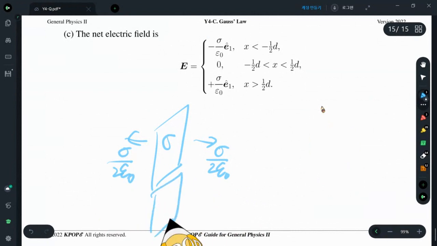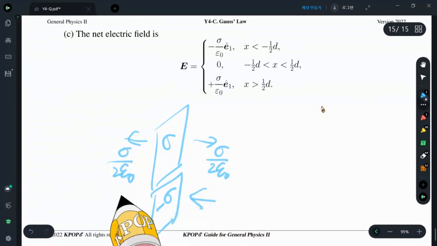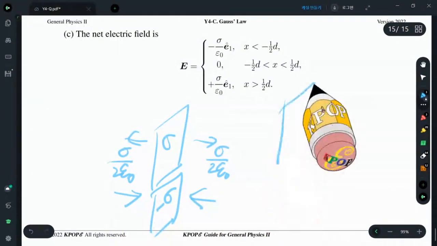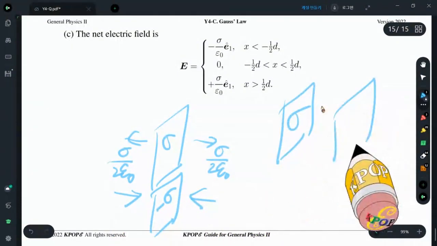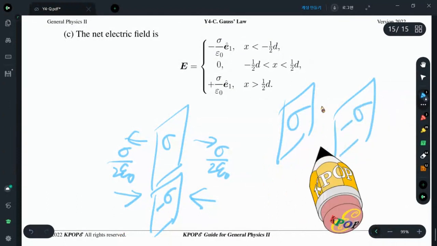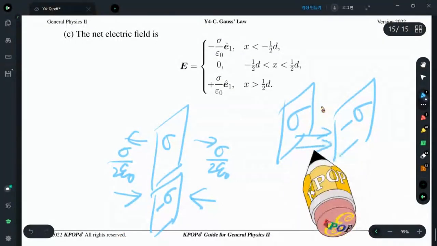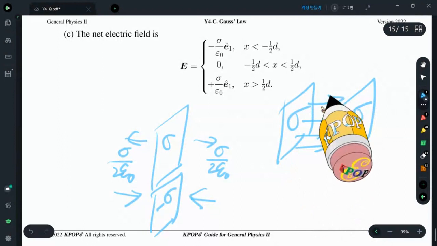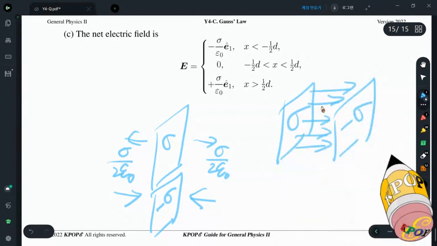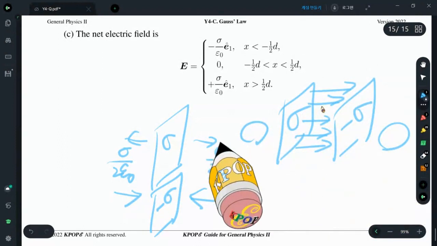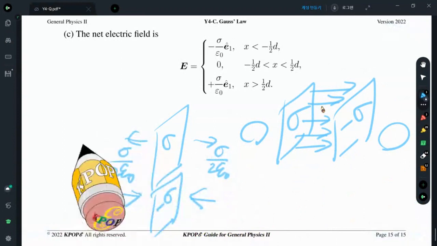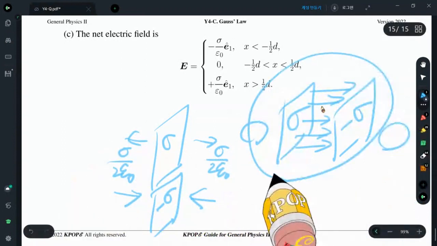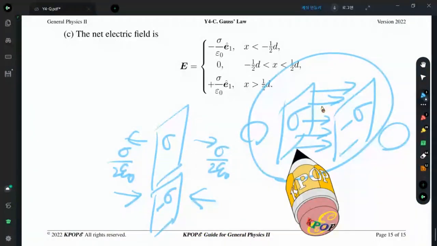If you have a minus sigma, it is toward this direction. Therefore, we have sigma and minus sigma. The electric field is isolated between the two plates, and outside the sum cancels. This is the parallel plate capacitor.